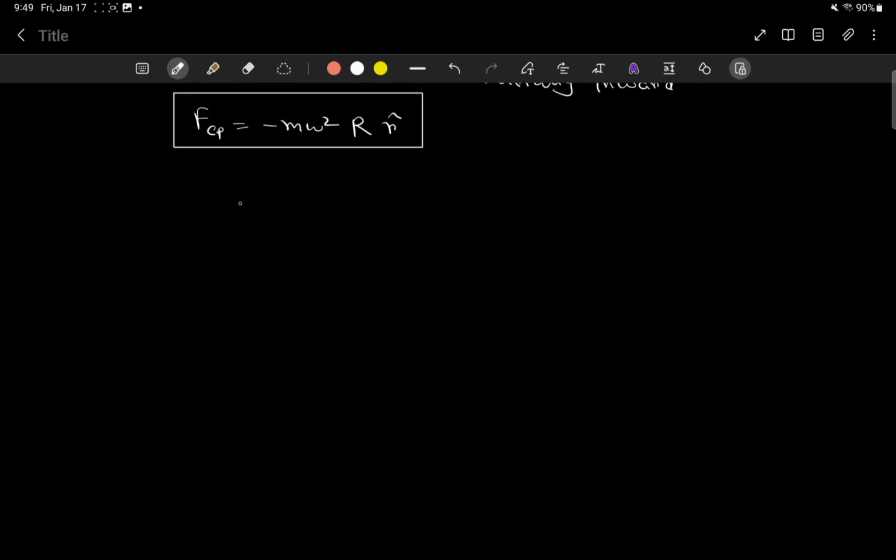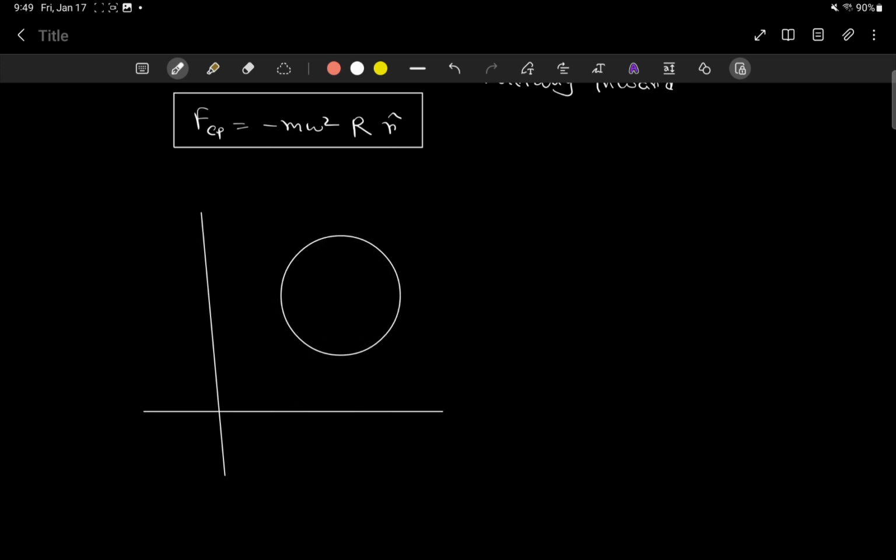So let's try to see a scenario. Let's say an object is moving along this circle, then at every instance the acceleration will be toward the center. Also, at any instance, if we consider a curve, let's say you are at this point, you can approximate a circle here.